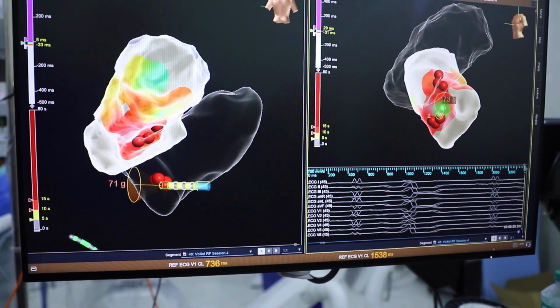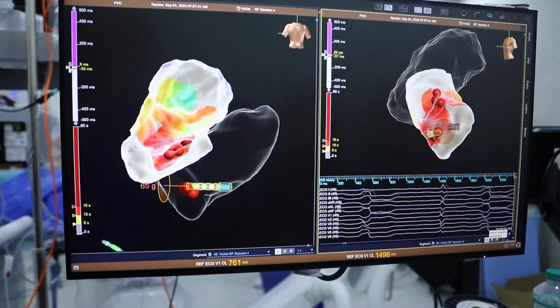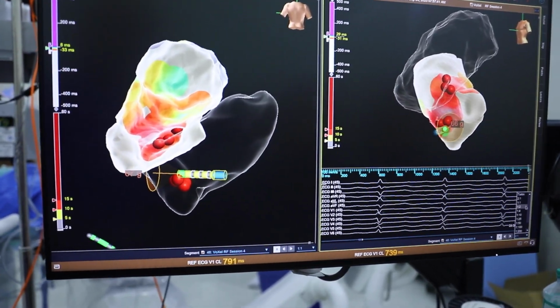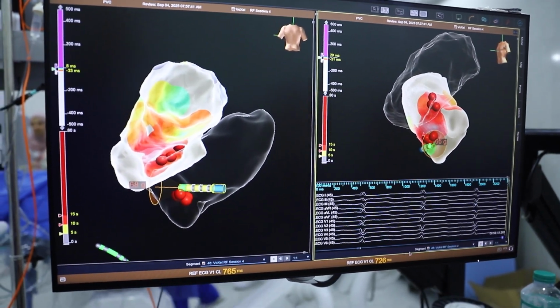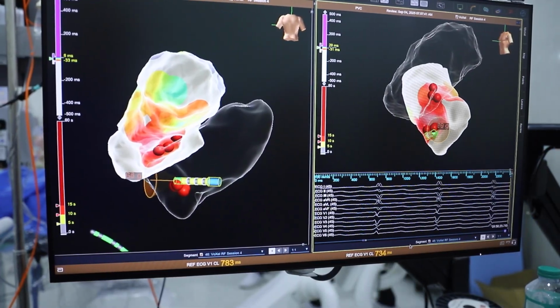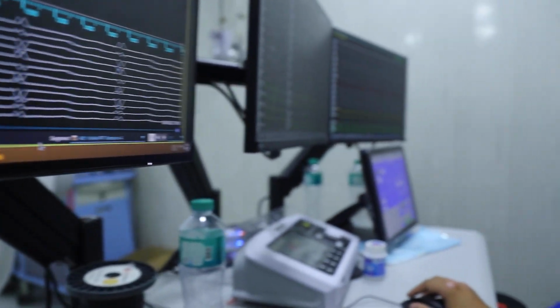This one went immediately. This was mapping. You can see from the onset it was very short, immediately, and it went away. We waited for 30 minutes and there were no PVCs, and we were lucky.